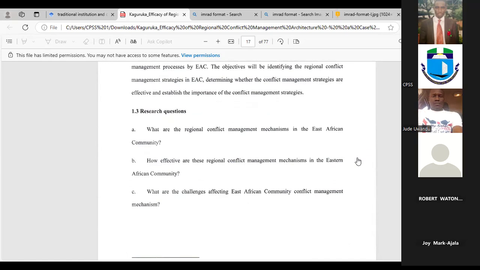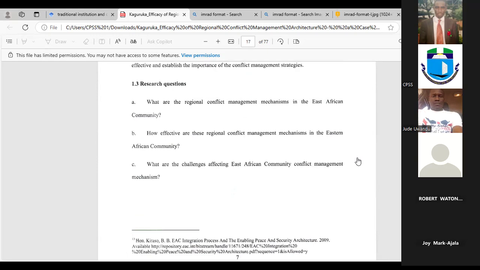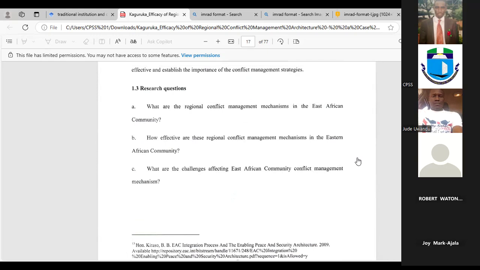Is there any more research question? That's about it. He doesn't need 200 research questions. He doesn't need 5. He doesn't need 10. 3 are good enough because they directly address the topic. Okay?